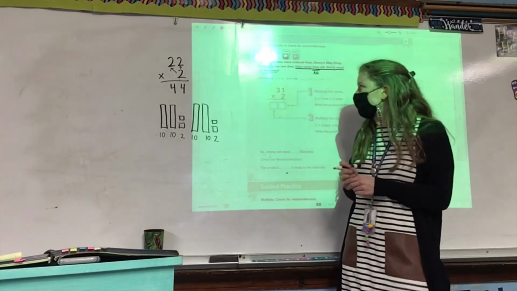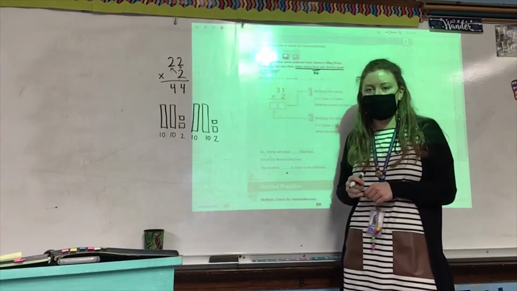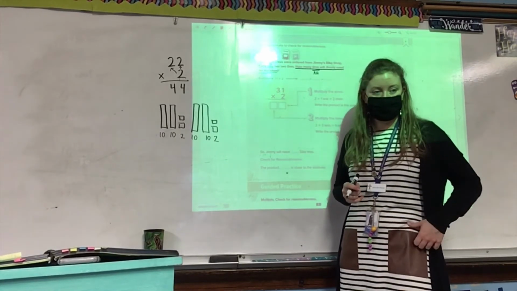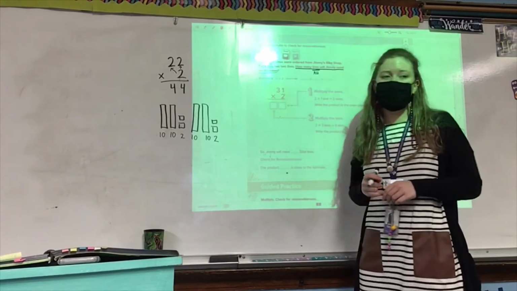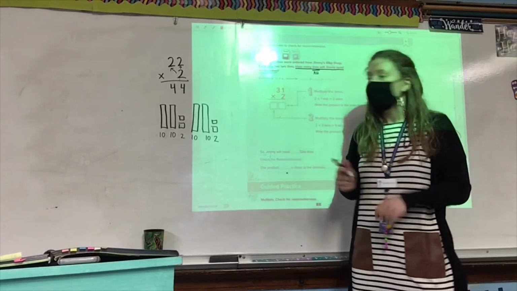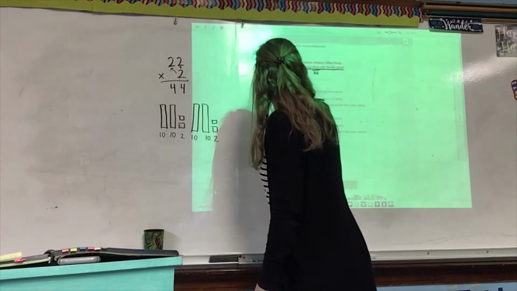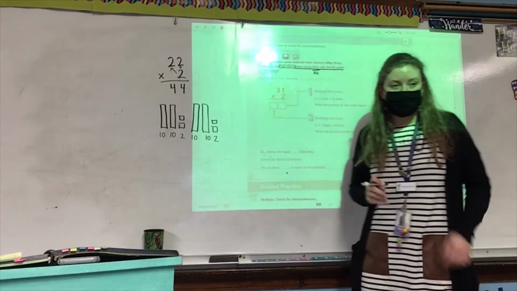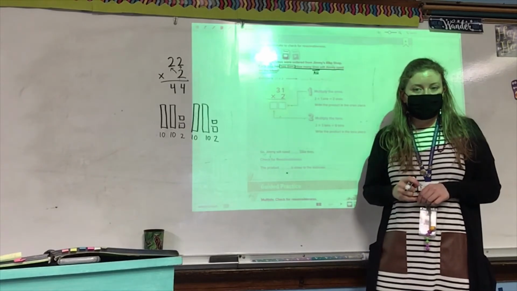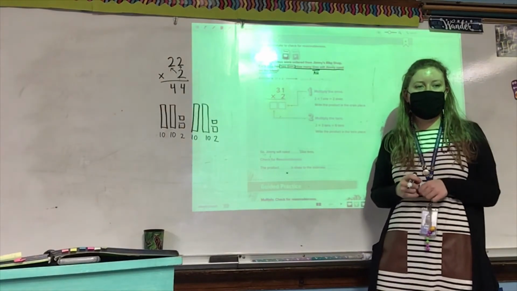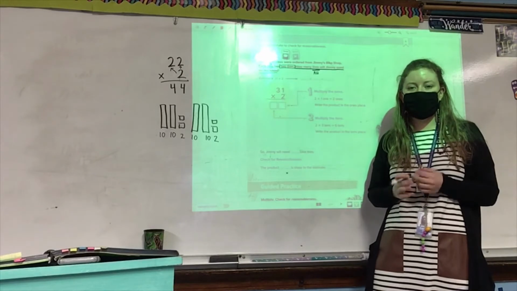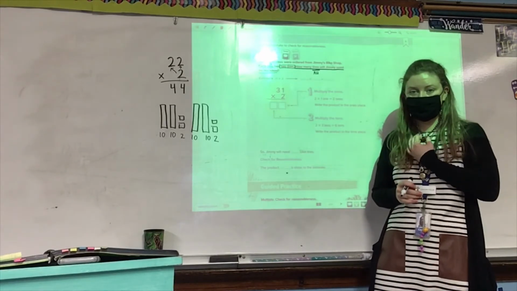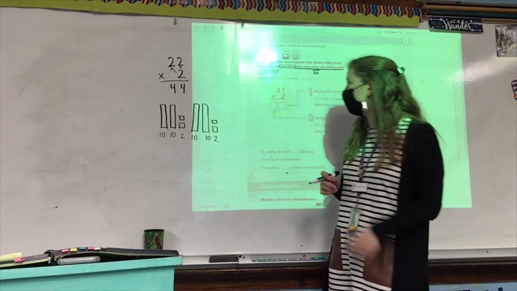Is there anything else in that sentence? Each bike has 2 tires. 2 tires is important. What do we do with 2 tires? We box it. Why are we putting it in a box? Because we use it in our problem, in our equation.